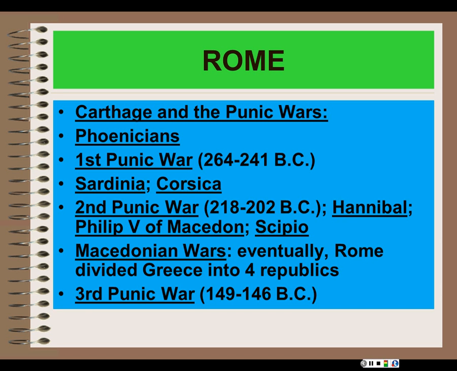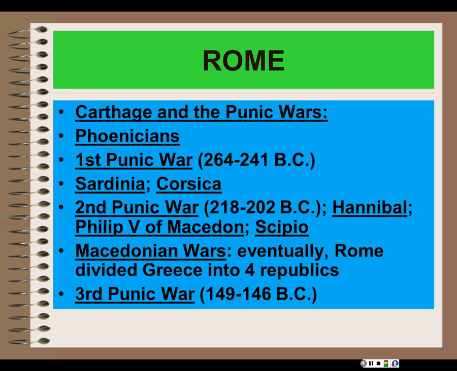And the victory meant that Hannibal and the Carthaginians needed to withdraw from Italy. Well, because Philip V of Macedonia had allied himself with Hannibal, it was time for Rome to punish Macedonia. And eventually, at the end of the Macedonian Wars, Rome divided Greece into 4 republics.